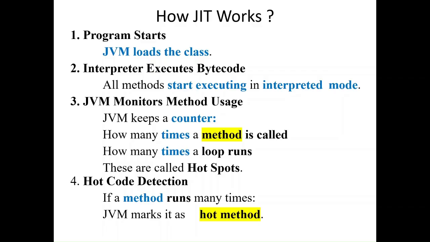While the interpreter is doing this, when it finds a particular method frequently appearing in the code, called multiple times, the JVM will take account of it. It takes the count of how many times this method is called. And now it comes to the conclusion that this method is a hot method. So that is actually a hotspot.